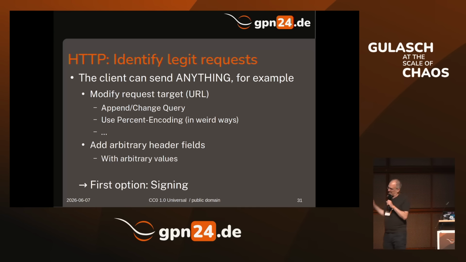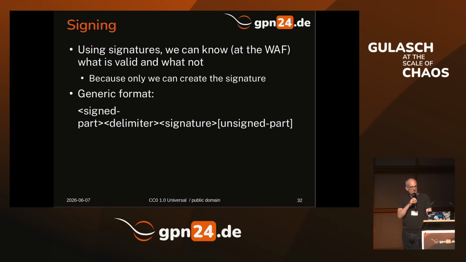So what are possibilities that we can handle this untrusted thing? One concept which I think is still not well enough known is signing. Using cryptographic signatures appended to things so that we can know, not guess, not pattern match, that we can know if that's valid, under the assumption that we haven't leaked our signing key or our shared secret.